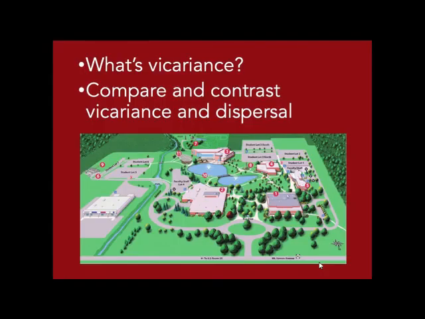So you guys, tell me what vicariance is. Well, it's when you have a range where there's something living, and then a barrier comes down and separates it, and then the species form after the barrier appears. Okay, so here's the Marion campus.